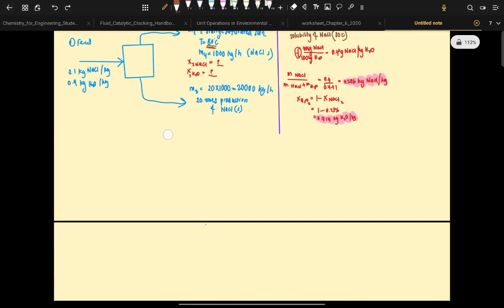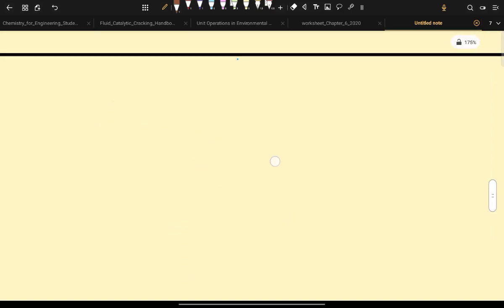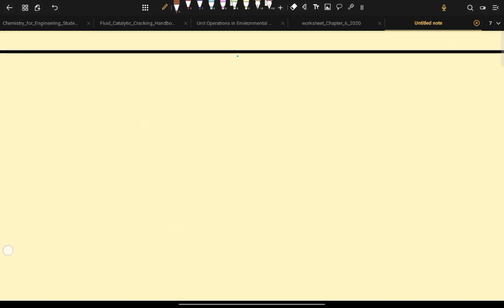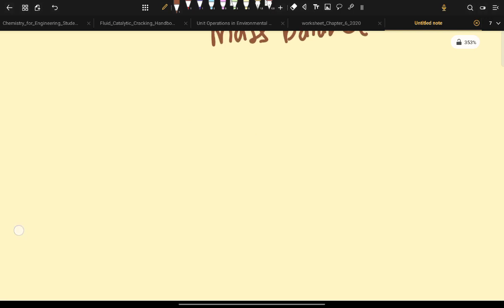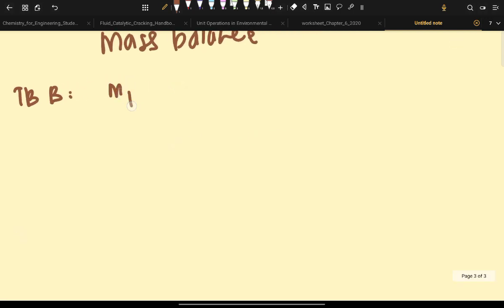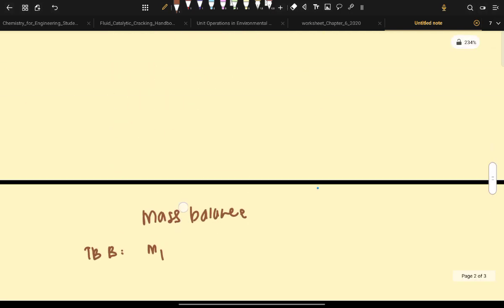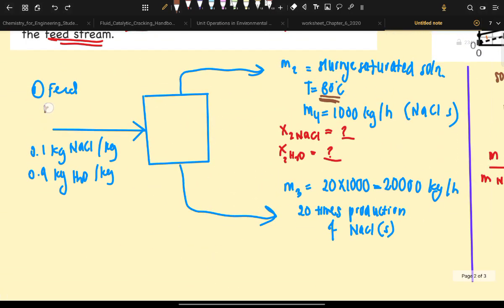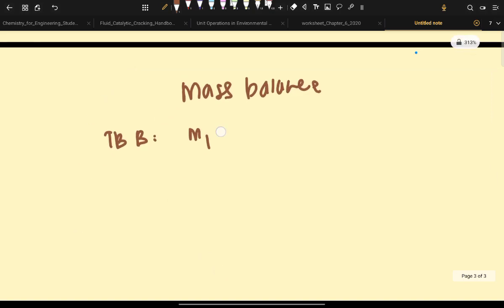Okay, so we can do the mass balance. We already have the complete information. So we do the total balance first. M1 equals M2 plus M3 plus M4.